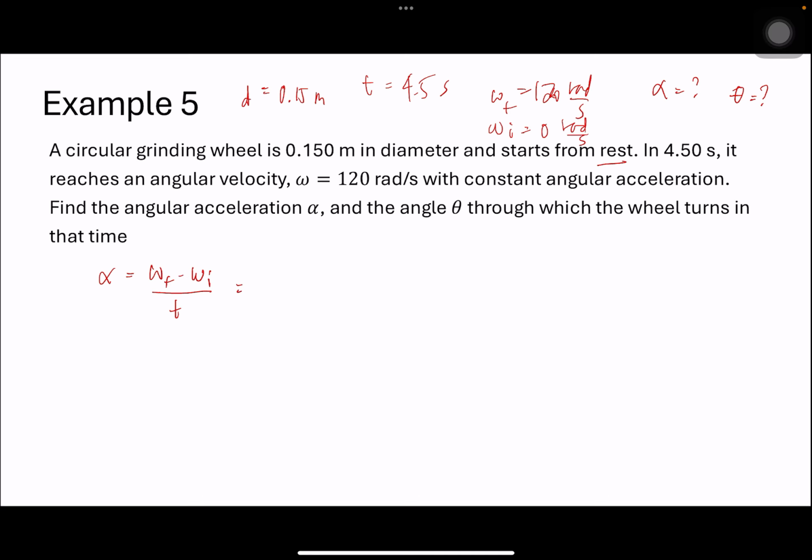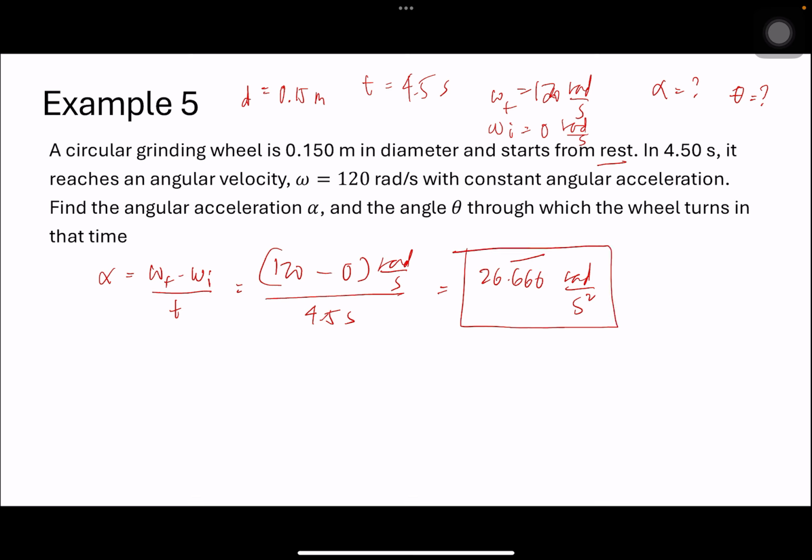So the final would be 120 minus 0, both in radians per second, over the time 4.5 seconds. This will give us 26.66 repeating radians per second squared.